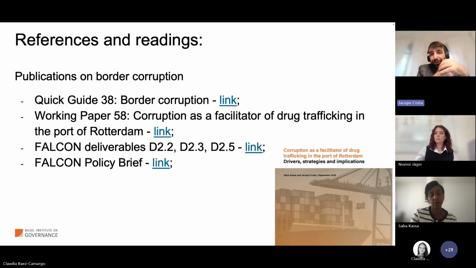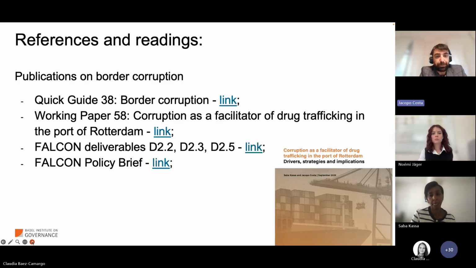Its main author is Saba, and I have co-authored this piece. Then we have other deliverables made under the FALCON umbrella, deliverables 2.2, 2.3, and 2.5. You can find them on the FALCON website. And then a couple of policy briefs that can help you understand more about the topic, its immediate consequences, and recommendations for policy activities.